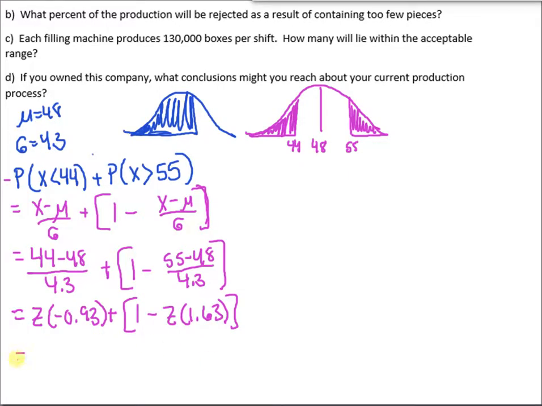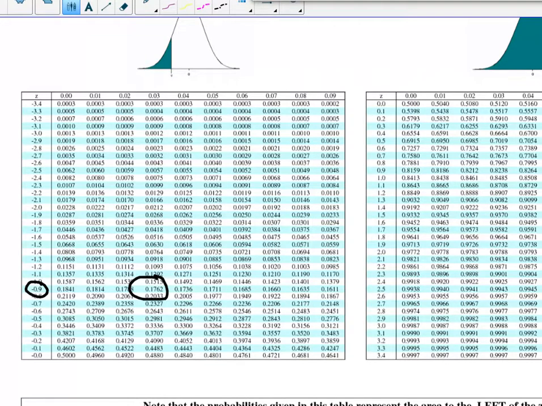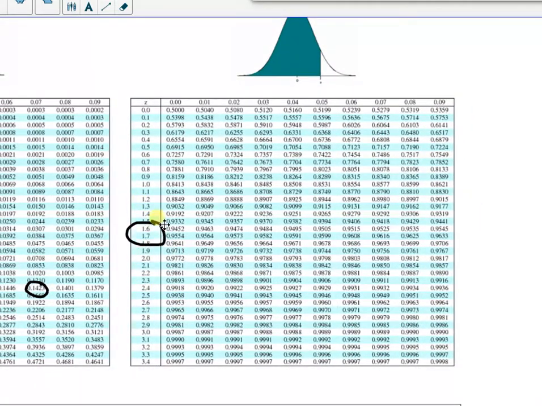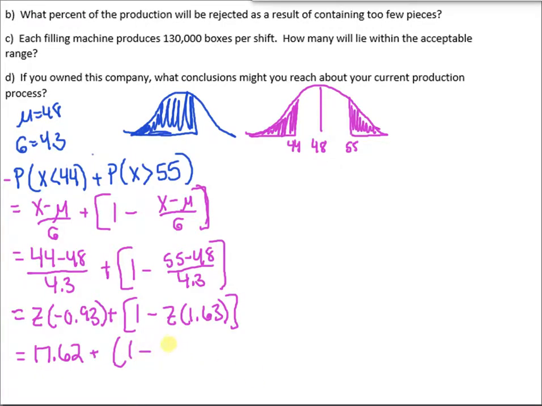So the first probability is 0.1762. Then we do 1 minus the z-score of 1.63. 1.6 is here, column 3, giving 0.9484.